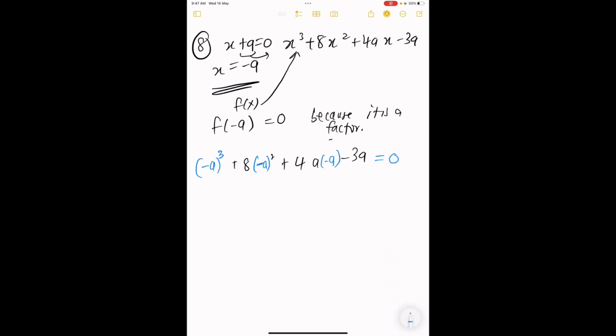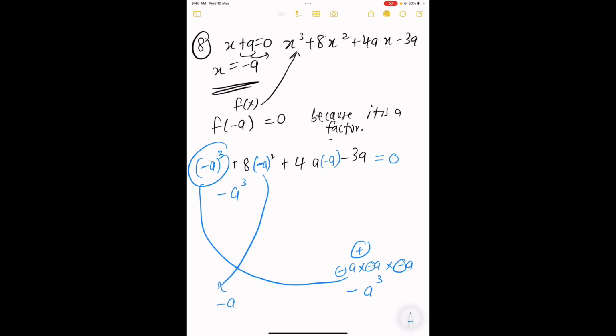When you calculate this, it gives you minus a^3. How you get minus a^3 is because minus a times minus a times minus a, right? Minus times minus becomes plus, and then plus times minus becomes minus. So you have power 3 here. How about this?